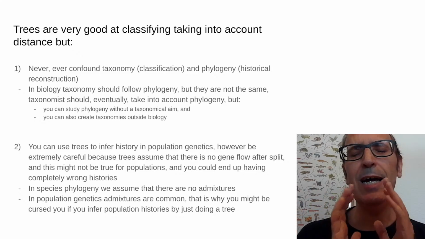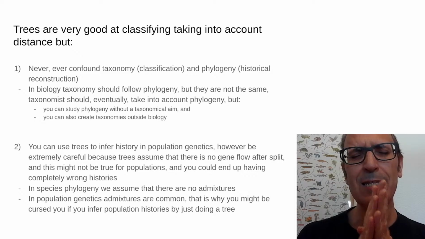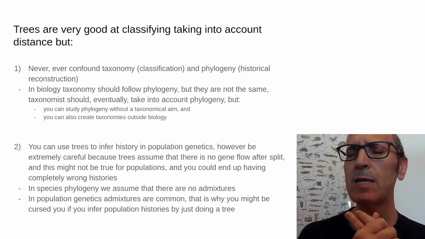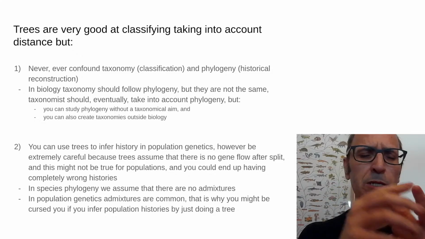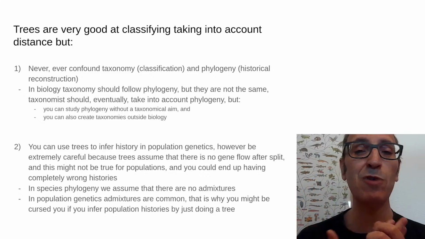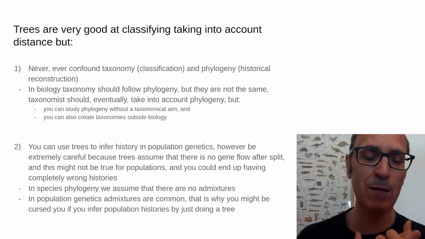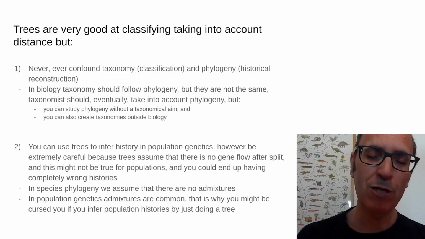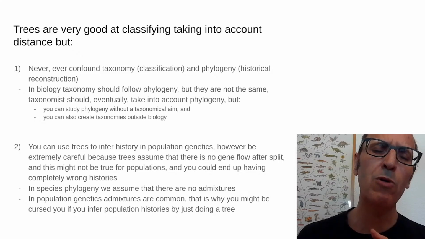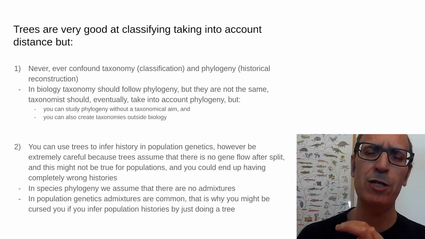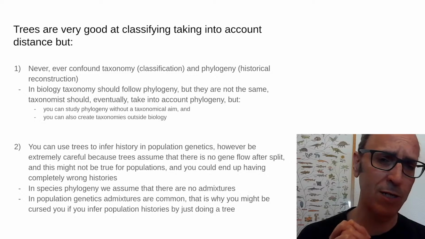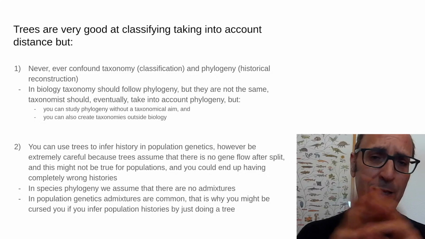Okay? These are two different things. For instance, you could use trees to classify, I don't know, kinds of movies. Horror movies and comedy movies and rom-coms and whatever. Okay? You are classifying, but you are not talking there about history. It is true that in biology, nowadays, the accepted taxonomical classification should always be based on phylogeny, on the history of the species or the taxa that you are studying, okay? But they are two different things.